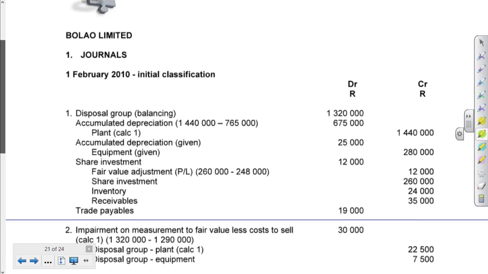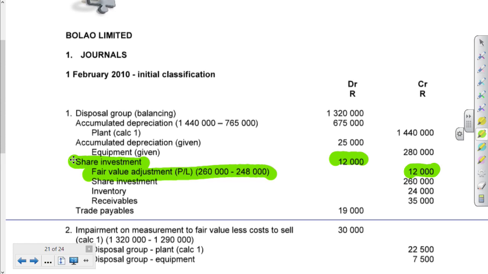What they do in their solution is something that I don't really like. They mix the journals. This journal, to increase the value of the investment with the fair value adjustment of 12 to get it to 260, should have been your first journal. Remember I said journal 1 is to get your carrying amounts to the date of the criteria. They had said they'd already put through the depreciation on the plant and equipment.